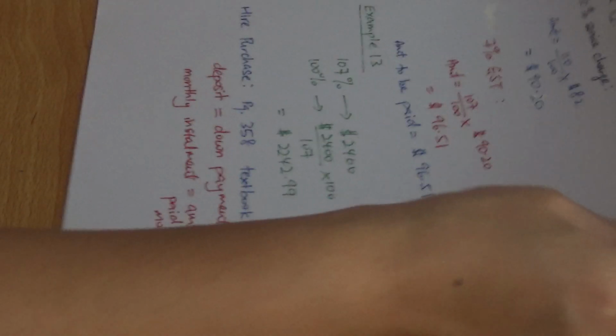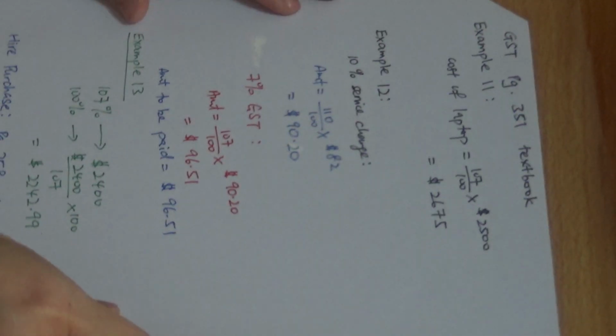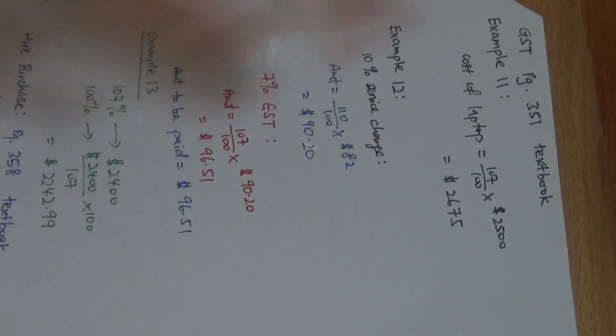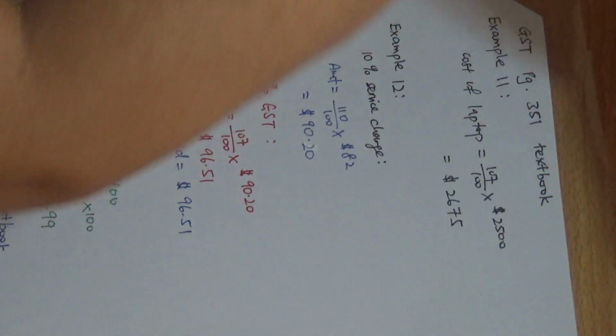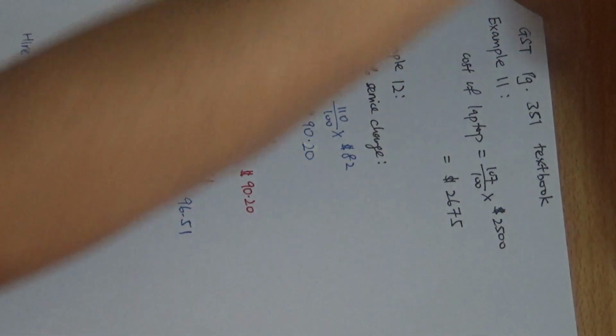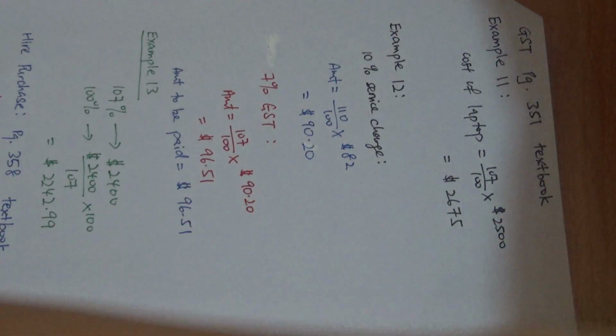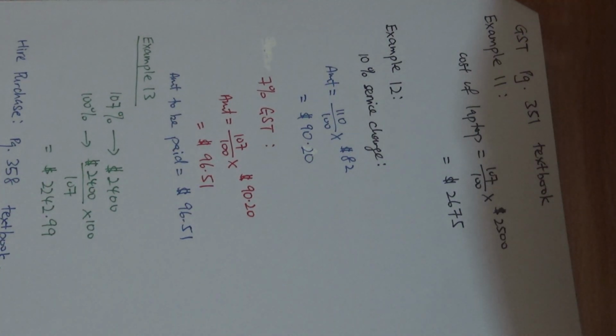Now I'm going on to the next section, and that is your GST. Can all of you turn to page 351? Page 351 talks about GST. Now GST is the goods and services tax.